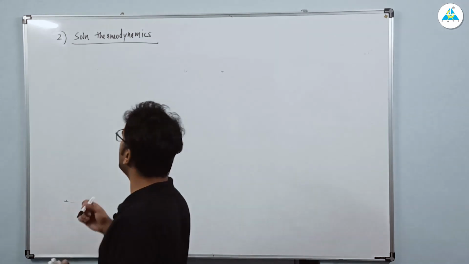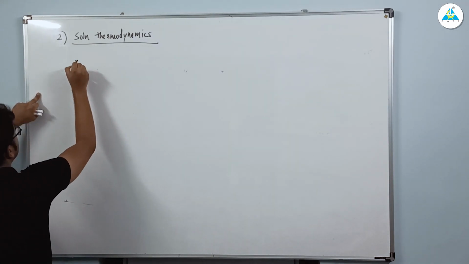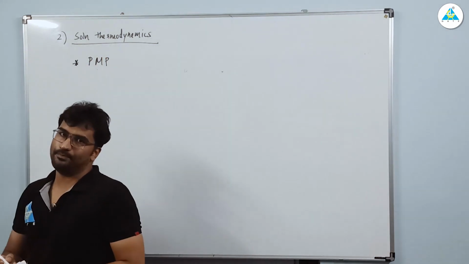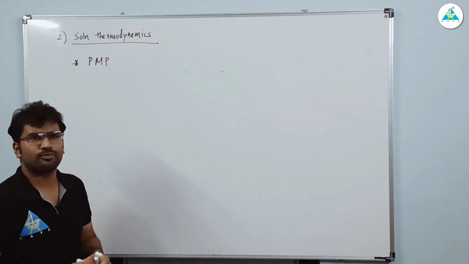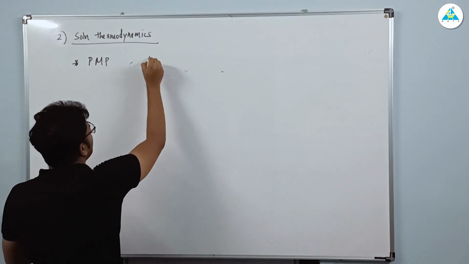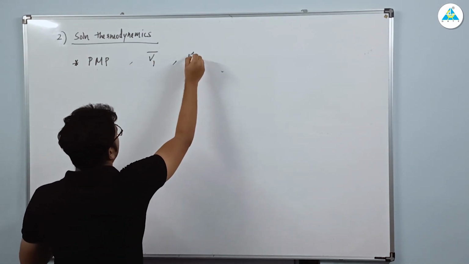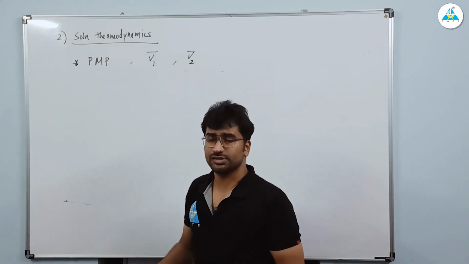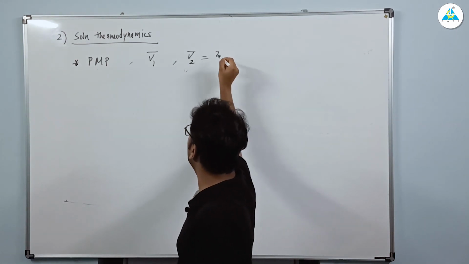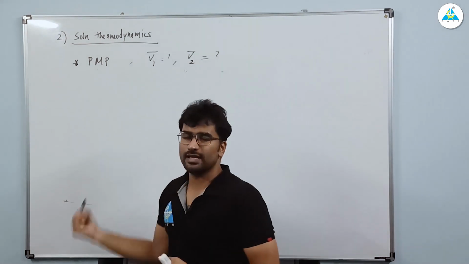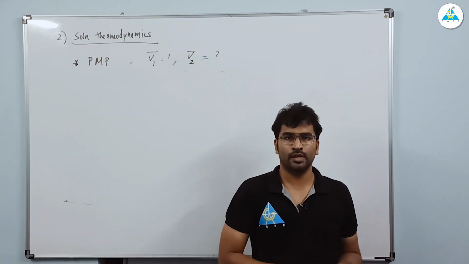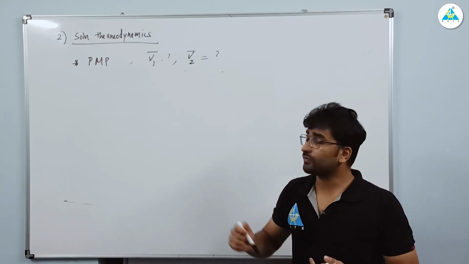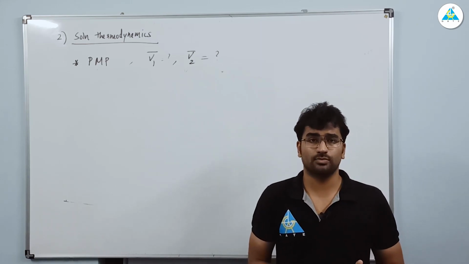So in solution thermodynamics, the most important topic is partial molar property, PMP. In this you have to find the partial molar volume of component 1, component 2, like that. You will have equations in a binary mixture, and you calculate this. Based on this you might have a lot of problems. If you see the 20-year question paper, most of the questions are from this partial molar property.